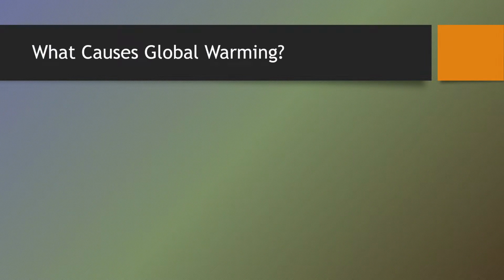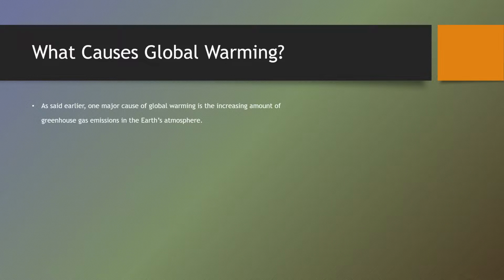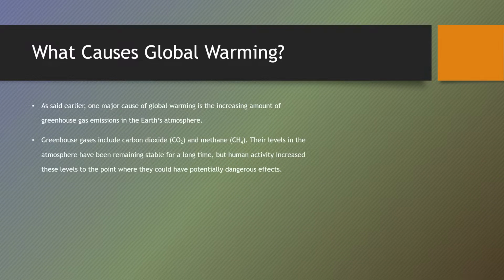Next, what causes global warming? As said earlier, one major cause of global warming is the increasing amount of greenhouse gas emissions in the Earth's atmosphere. Greenhouse gases include carbon dioxide, or CO2, and methane, CH4. Their levels in the atmosphere have been remaining stable for a long time, but human activity increased these levels to the point where they could have potentially dangerous effects.